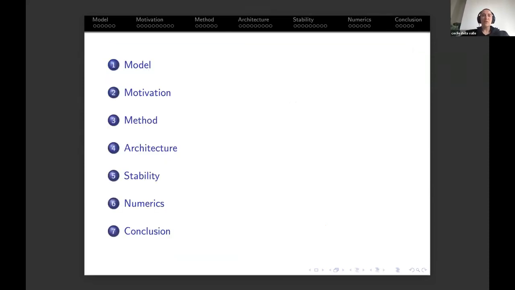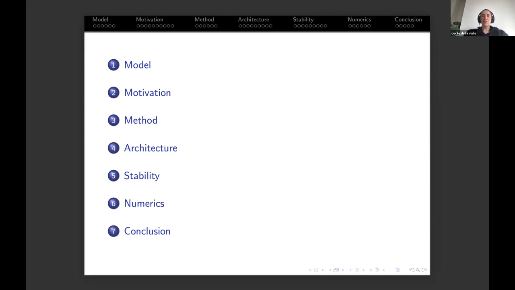So first, I will present the biophysical model that leads to inverting an Abel integral. There are several inverse problems where such operators arise, but here I present only one. Then I present a motivation for our inversion strategy.